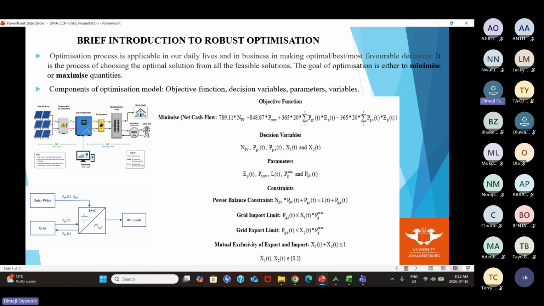Then you understand the nature of data that you are dealing with. For example, for my decision variables, NPV here stands for number of PV systems, number of solar panels. Now, it's not possible for you to have 3.5 solar panels.